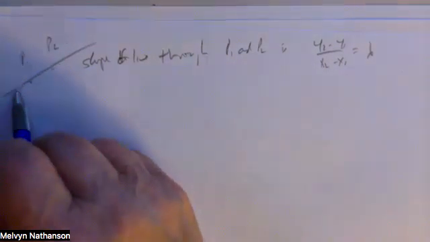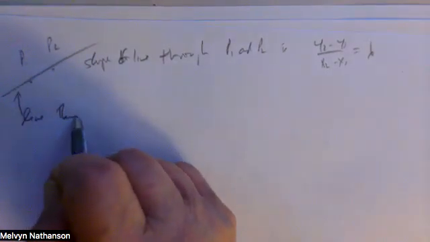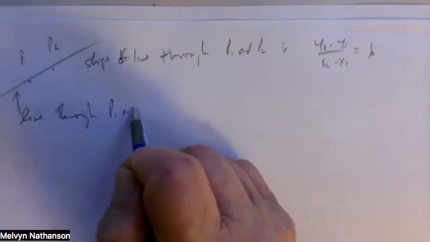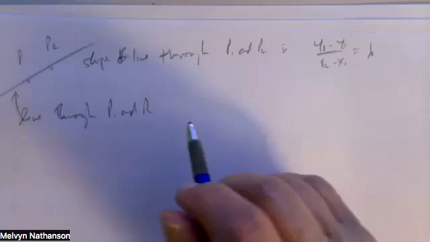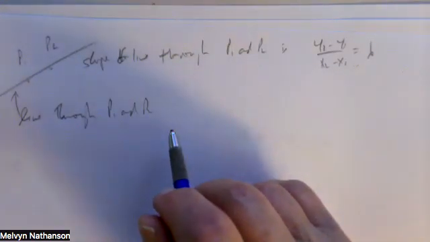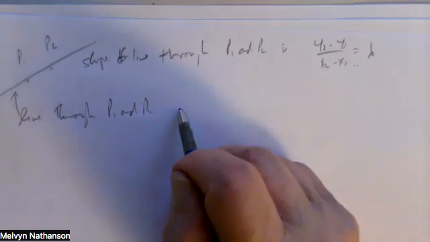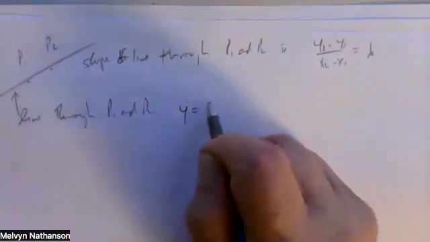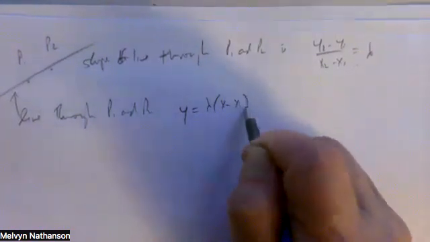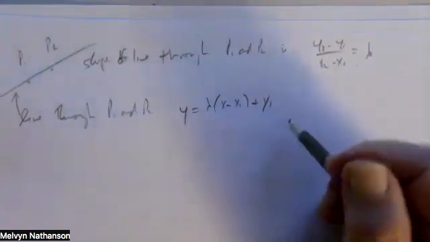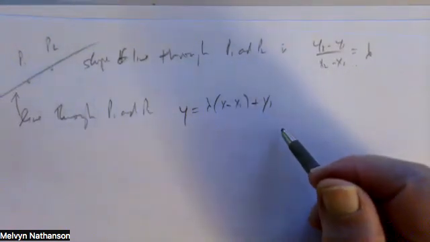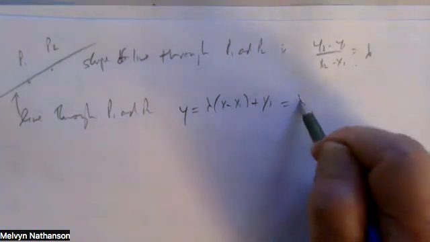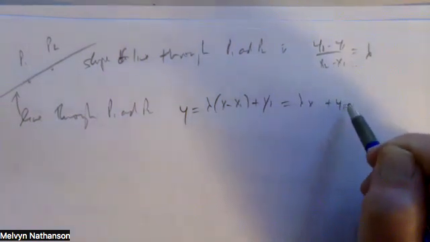So using the point-slope formula, the line is given by y equals lambda times x minus x1, plus y1, which is lambda x plus y1 minus lambda x1.